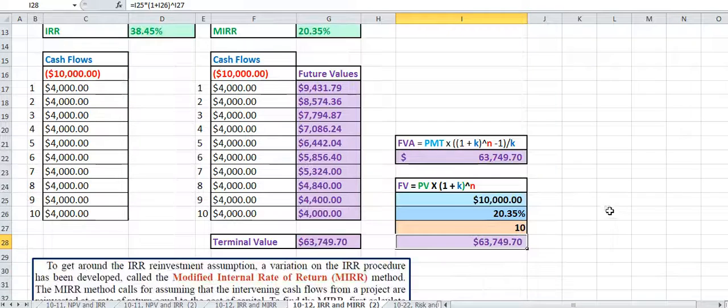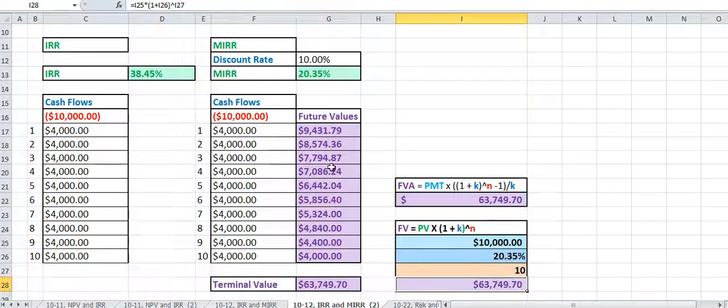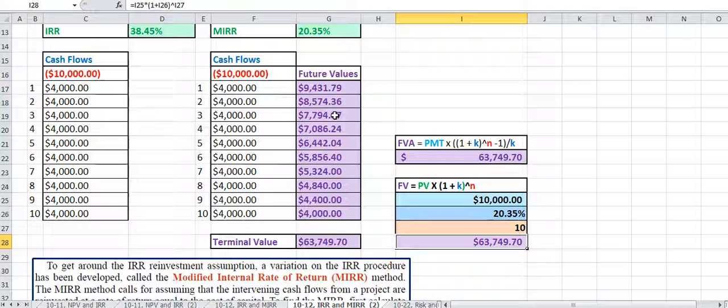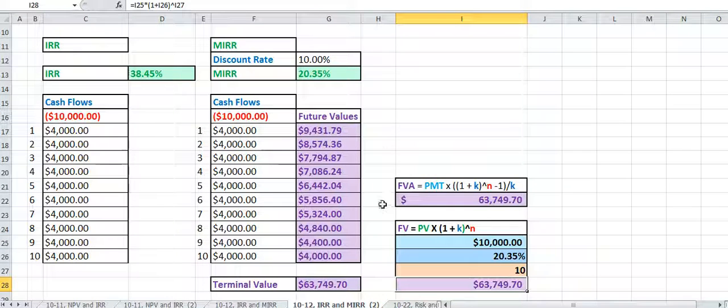So what we're saying is that this rate right here, the MIRR, the modified internal rate of return, is the rate of return we would have to have in order to get to the terminal value here if we invested the initial 10,000 for 10 years, and once again that rate is 20.35%.